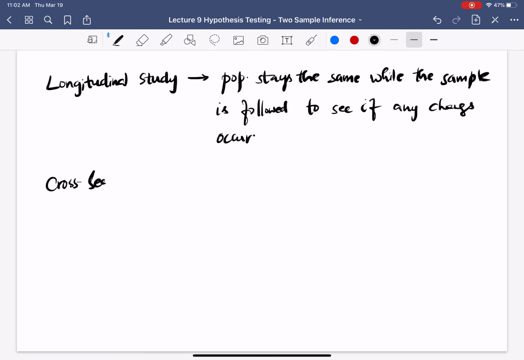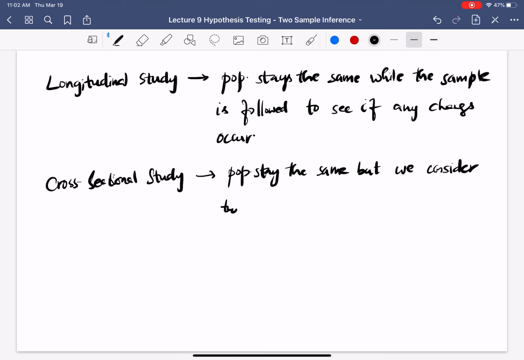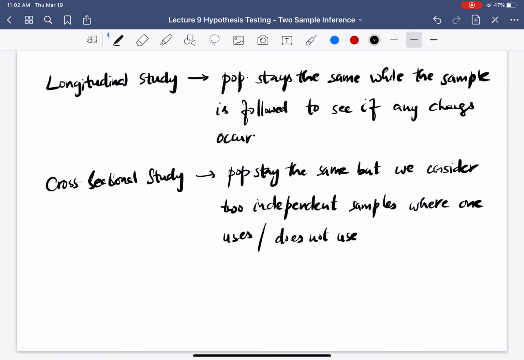In a cross-sectional study, we consider that the population stays the same, but we consider two independent samples, where one uses and the other does not use, and see if there is any change.